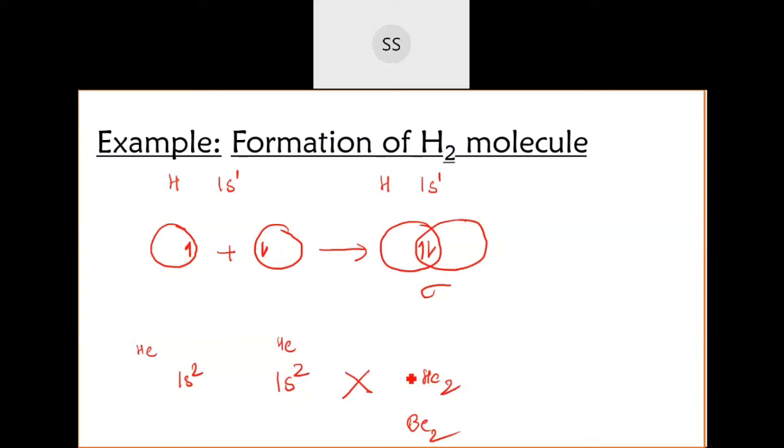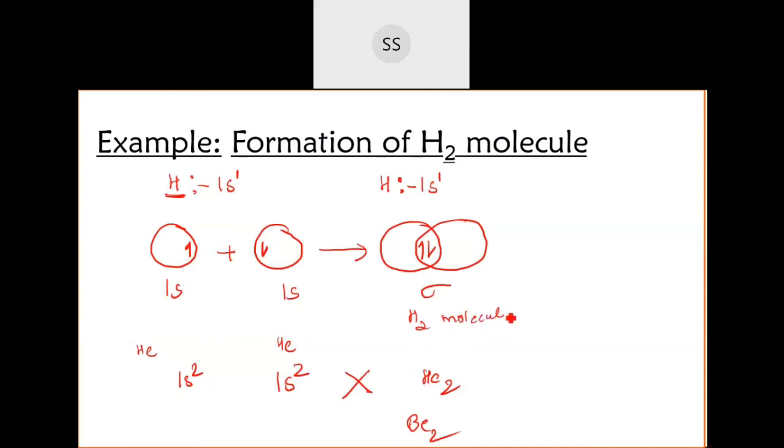So you take down this example of how the formation of the H2 molecule happens. You write: one hydrogen atom has one s electron, another hydrogen atom also has one s electron. So you write here 1s and this 1s. They fuse together to form this orbital, the hydrogen molecule.